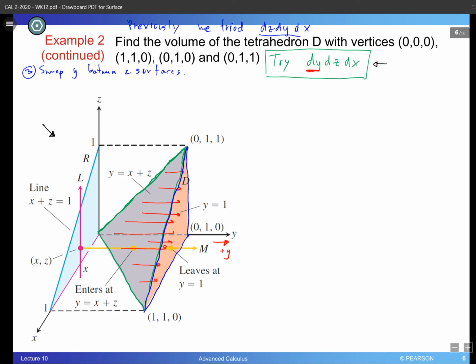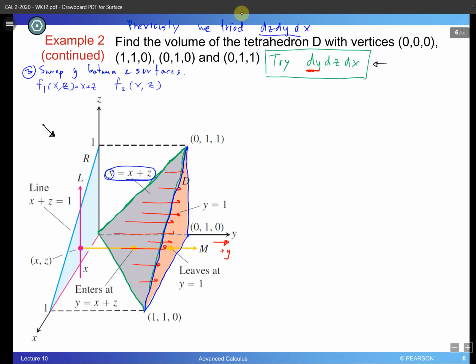And this green one, let's assign this to be f1 of x and z this time. And we also need f2 of x and z. f1 of x and z is going to be this plane, the green one, and of course it's going to be equal to this y value, right? So it's going to be equal to x plus z. So we can use this right away.